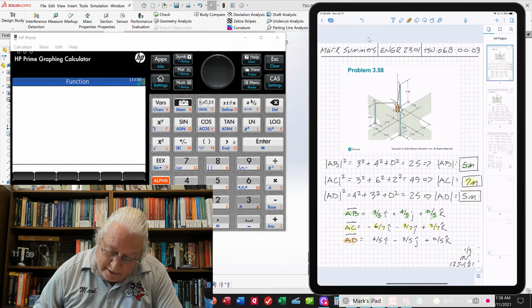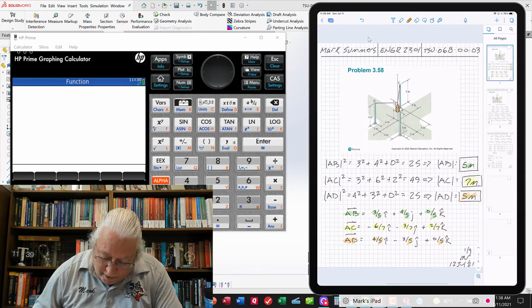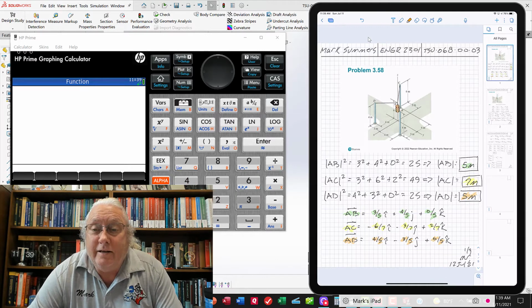The distance is 5, so the fraction is going to be fifths, and then X is 4, Y is -3, Z is 0. That's another horizontal cable, no Z change. And so those are the three unit vectors that define the direction of those three cables.